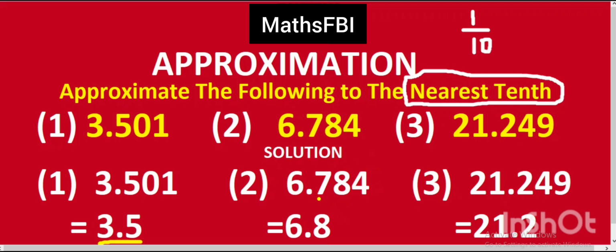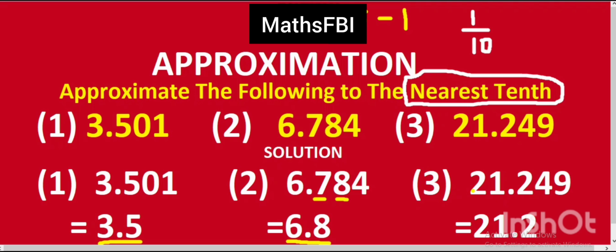Okay, I take that again. This is our target, and this is the number next to it. And the principle is that if the number next to it is greater than or equal to 5, we round it up to 1 and then add to our target. So 1 plus 7 is 8. So that's how we arrived at 6.8.